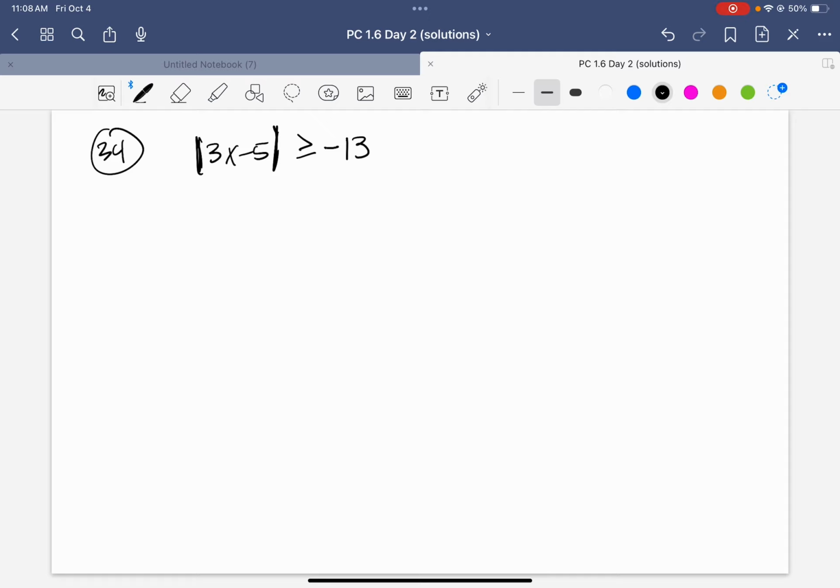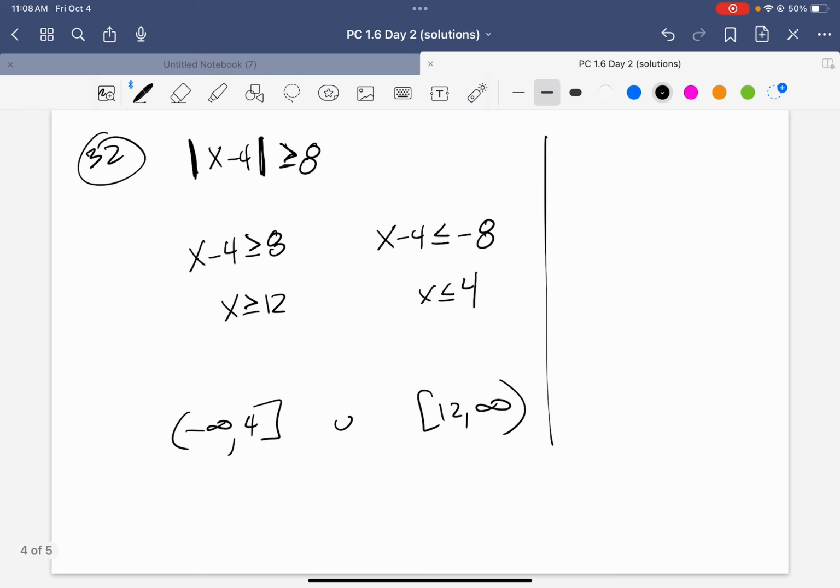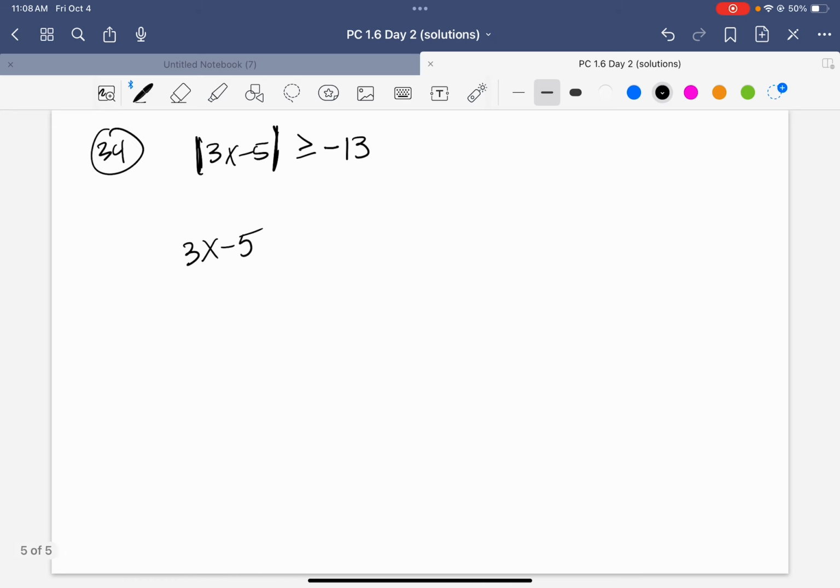So if my size is greater than or equal to negative 13, then I must have been... well, actually, just stop for a second. I took an absolute value. It's always a positive number, right? When is a positive ever greater than or equal to negative 13? That would be always. This is always greater than or equal to negative 13.